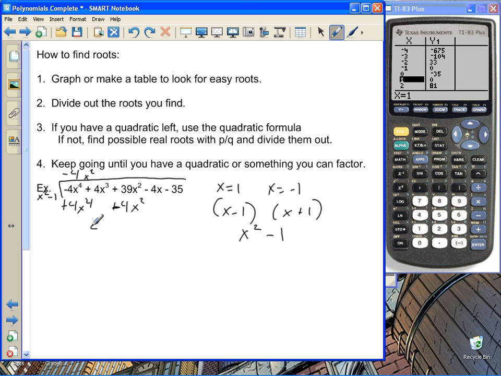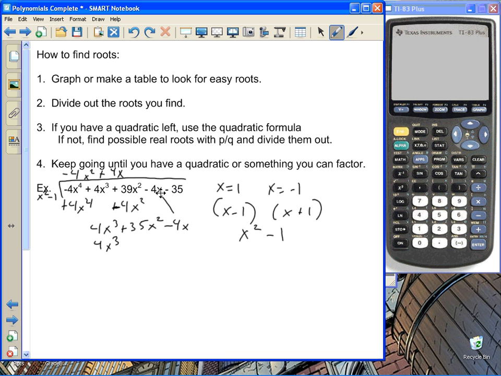So these cancel. This is going to come down. Okay, and then I've got 39x squared minus 4x squared, so that gives me positive 35x squared. Now to make this match, I'm going to have to multiply by 4x. Okay, so again, this 4x that I'm getting is going to go underneath this. So really, I should have brought both of these down. Okay, so that comes from there. I'm taking 4x times this to get 4x cubed minus 4x. Change both your signs.